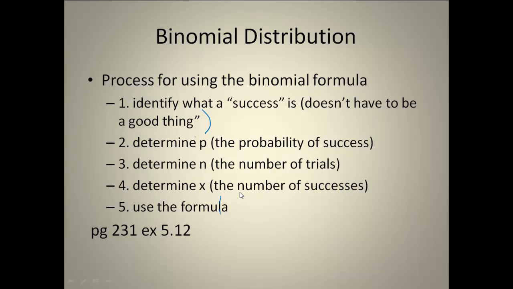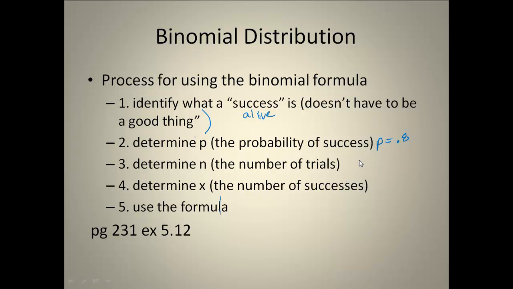If you look at page 231, example 5.2, they've got the mortality example here again, but we're going to do it using our formula instead of going through that chart. If we identify what a success is, that was being alive. Our probability of success, P, was equal to 0.8.